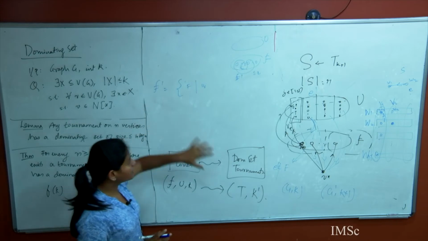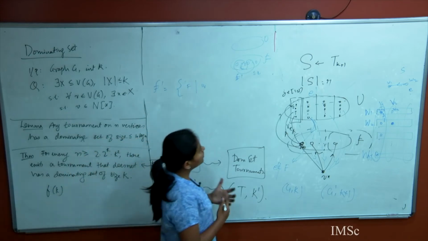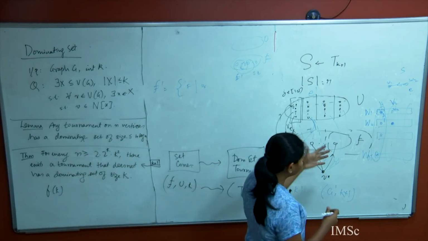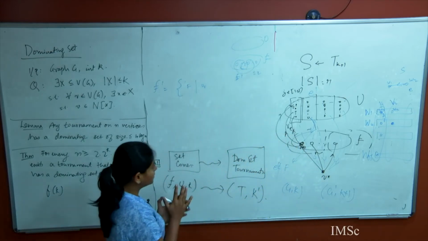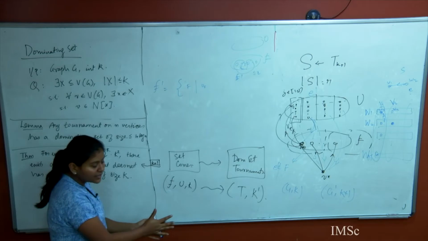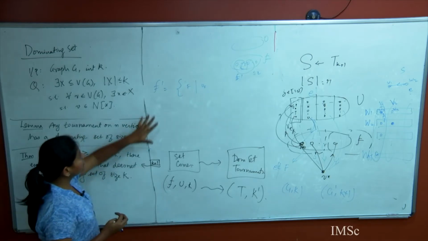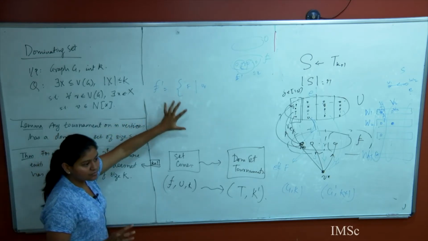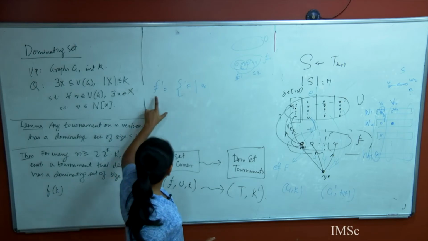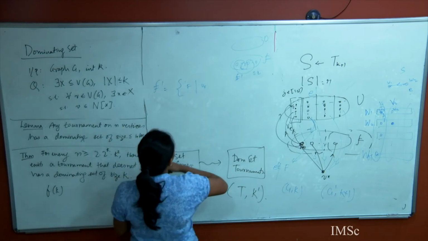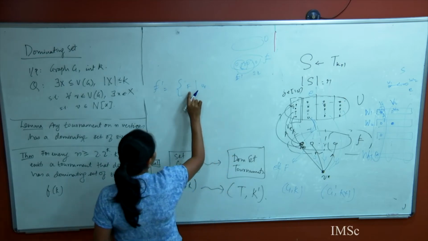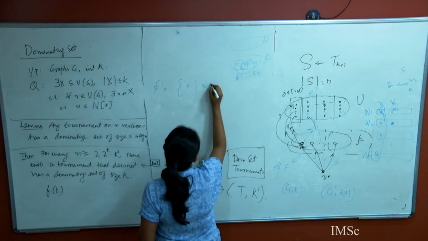Now we were looking at the reverse direction. We have a dominating set of size k plus 1 in the tournament that we created. We wish to create a family F. Let us take F prime, which is F says that UF below.